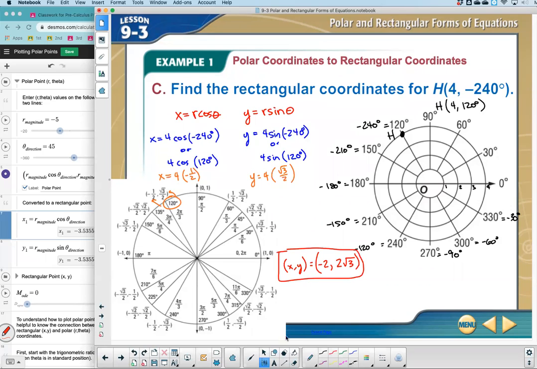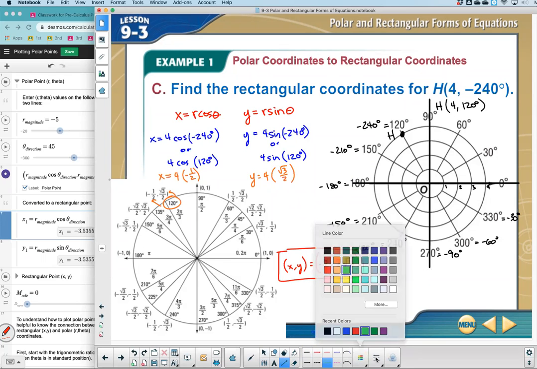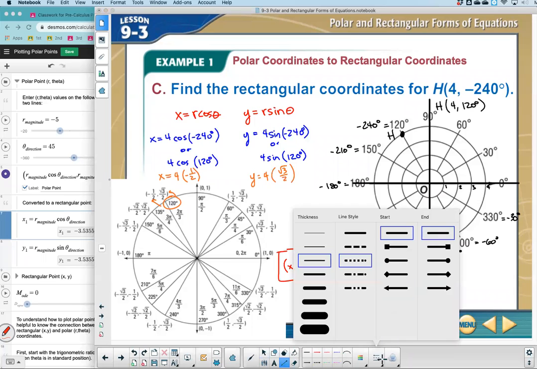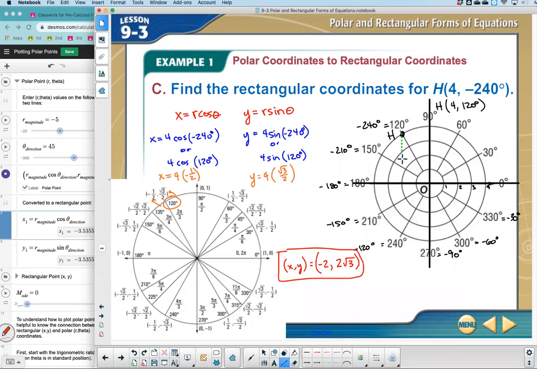So visually, what does that mean? That means that point H that we already have plotted, if we compared it to an x and y axis, the x value would be left 2 units, so it'd be negative 2.